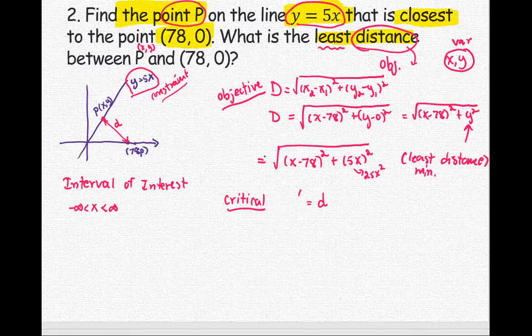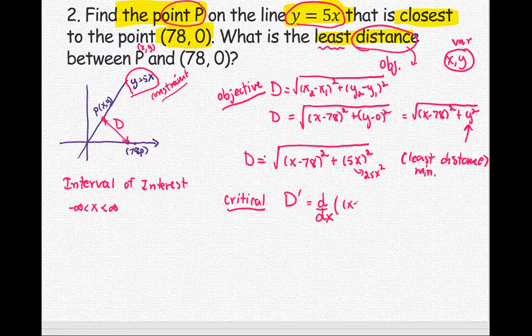So this is D. Okay, so the capital D prime is the derivative with respect to x of the quantity x minus 78 squared plus 25x squared, to the 1/2 power.